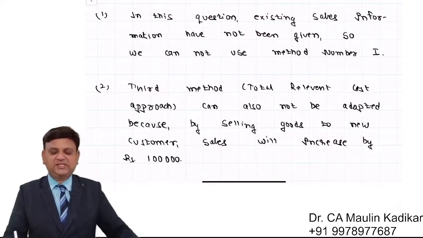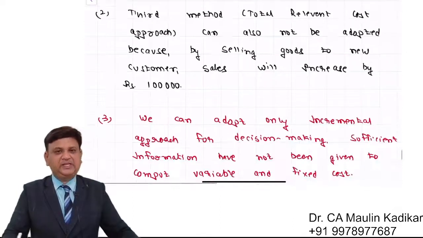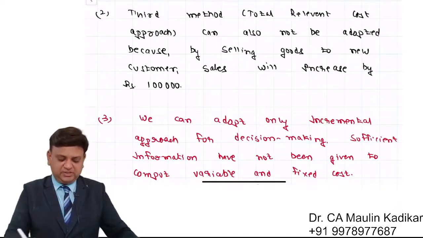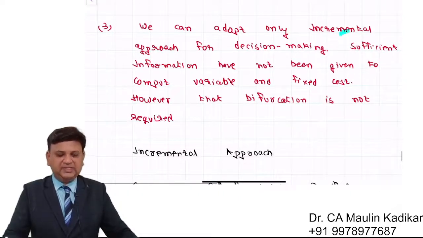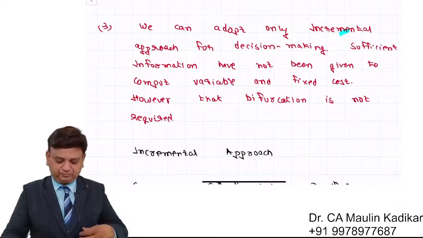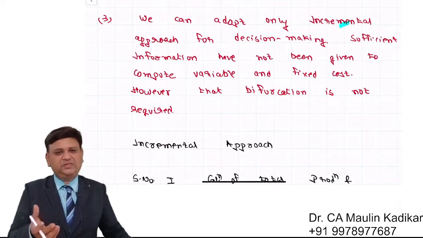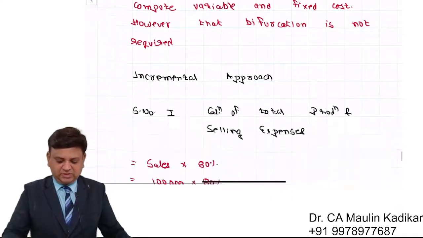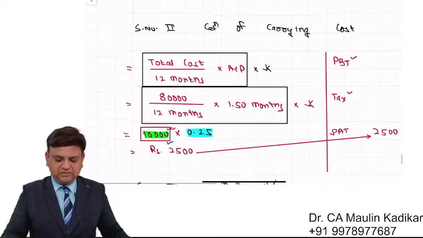So since existing sales is not given, method number 1 is not possible. By selling goods to this customer, sales will increase, so method number 3 is not possible. Only the second method is possible. We cannot bifurcate the total cost into variable and fixed cost. That's okay. So the total cost is calculated by selling goods to the customer.